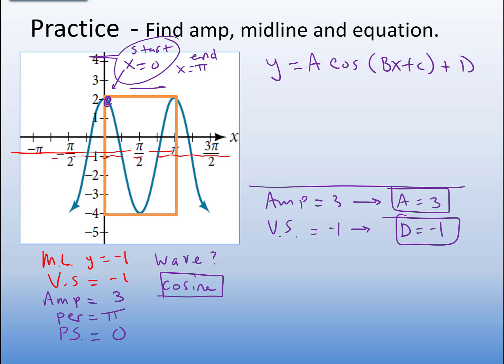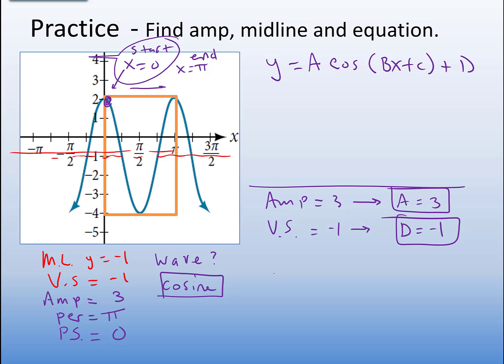The rest take a little bit more work. When you look at all these parameters, amplitude, period, and phase shift, C is not in there and B is not in there, not necessarily. In general, you have to work for B and C. They're not on the picture. You have to solve B and C by formulas.